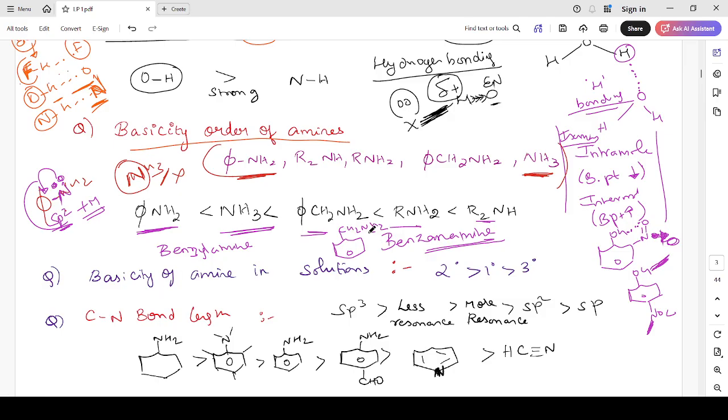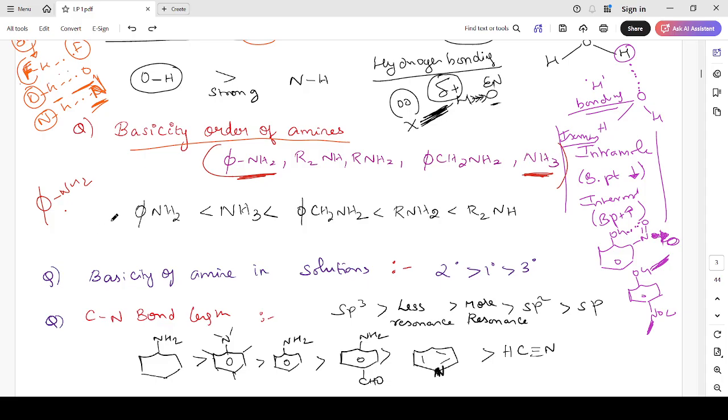Now, here this NH2, is it aliphatic or aromatic? Aliphatic. Is this aliphatic or aromatic? Aromatic. Why do you say it's aromatic? Check where this NH2 group is attached.